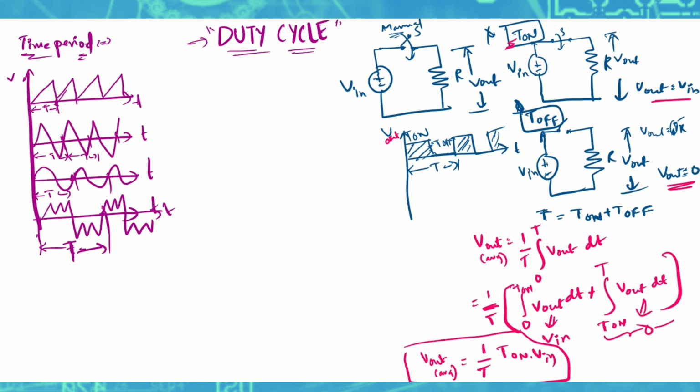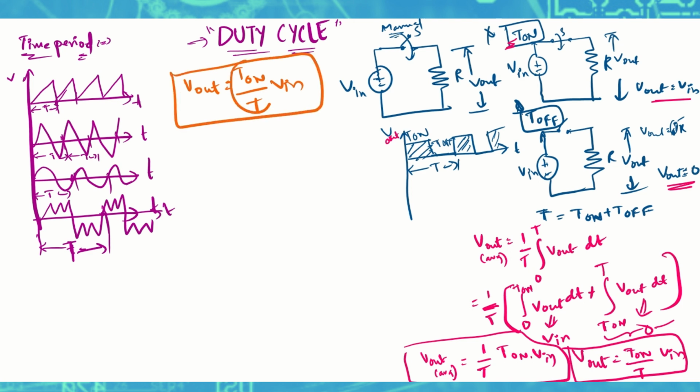So I'll highlight. V out is finally going to be T on by the whole time period into V in. Okay, now from the derived formula, V out is T on by T into V in.